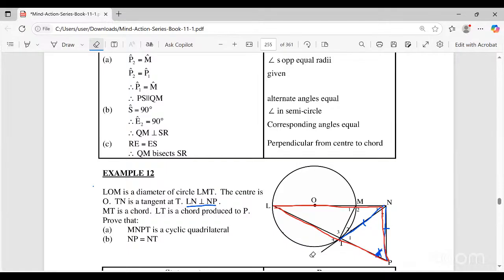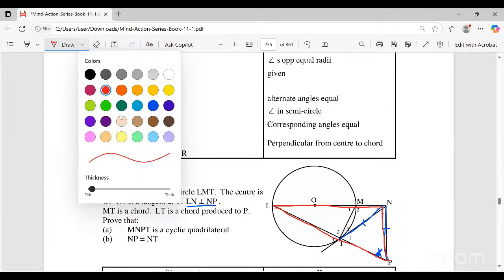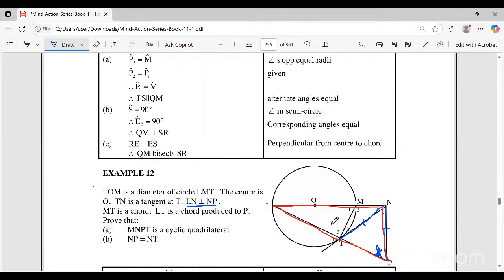Yes, sir. Okay. Therefore, now I'm saying let this angle here be x. So now this angle here will be 90 degrees minus x. Why? Because the sum of all interior angles of a triangle is 180 degrees.